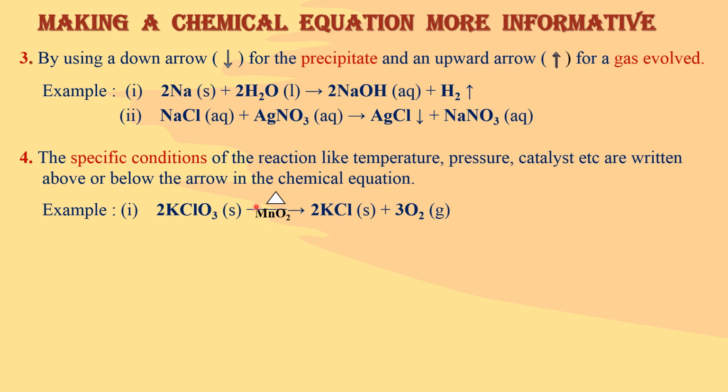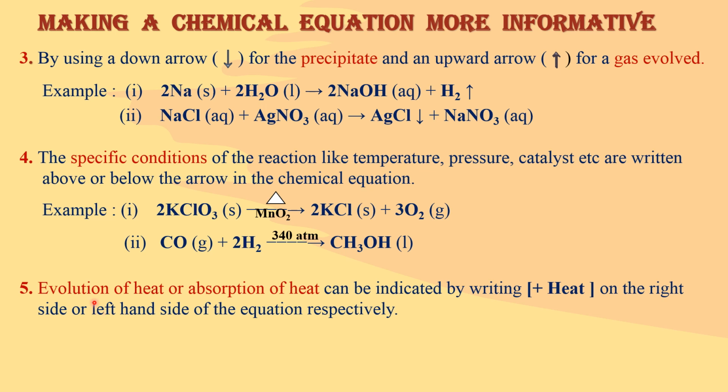The triangle above the arrow indicates that here heat is applied to initiate the chemical reaction, and below the arrow the catalyst manganese dioxide used is also mentioned. Second example, when carbon monoxide combines with hydrogen under a pressure of 340 atmosphere, it forms methanol. Here the pressure under which the reaction takes place is mentioned above the arrow.